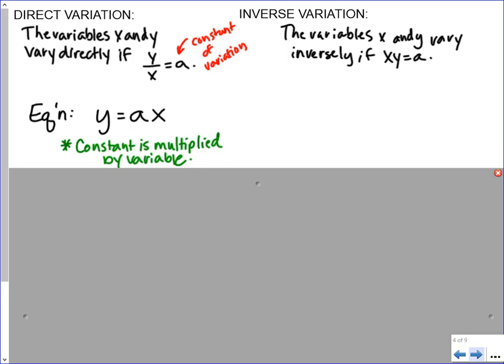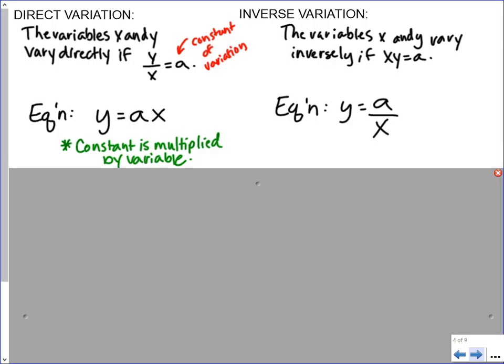And if the x and y always multiply to be the same number, that means in the equation, your constant is getting divided by a variable. So instead of writing out an equation that looks like multiplication, which is direct, inverse variations always look like division.